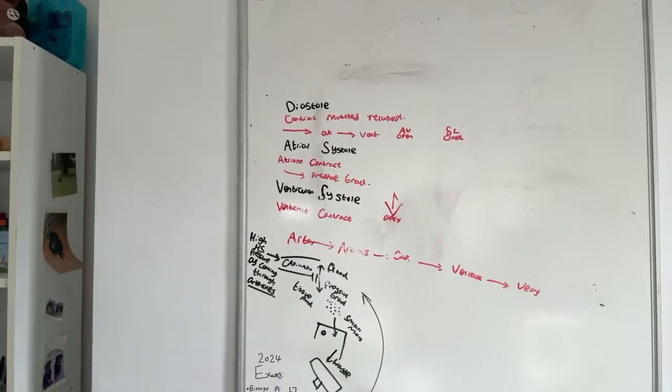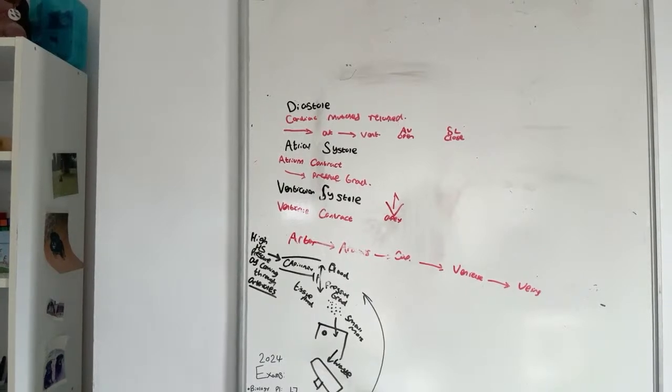Explain why a vein may be described as an organ, because it's comprised of multiple different types of tissue. It is comprised of many types of tissue.